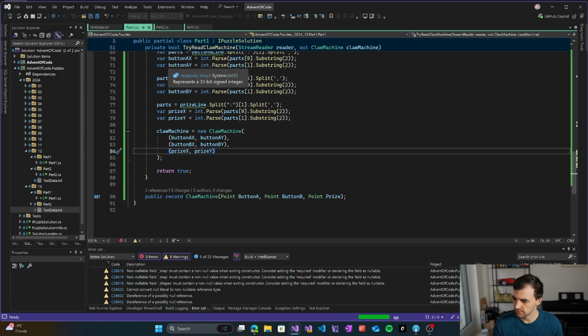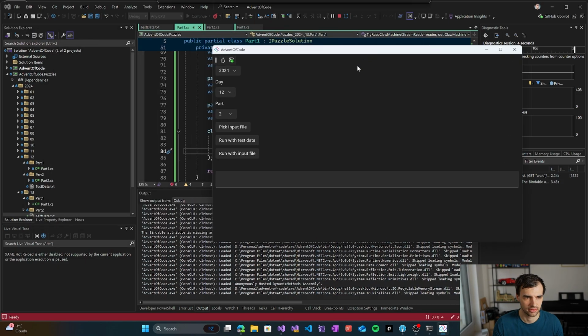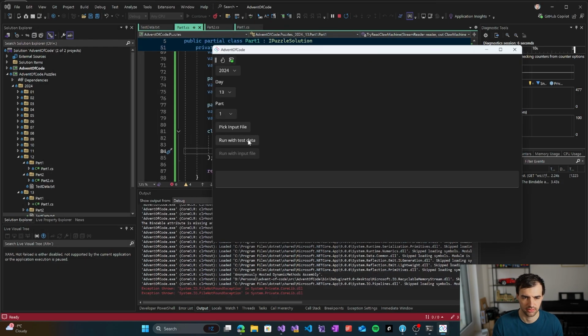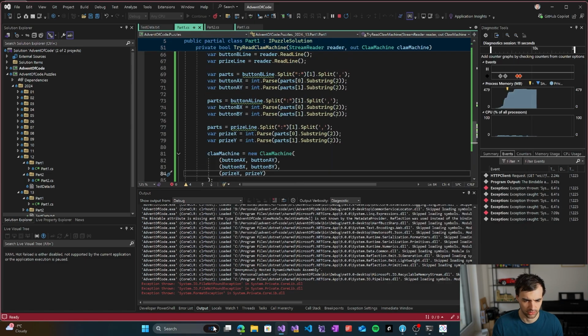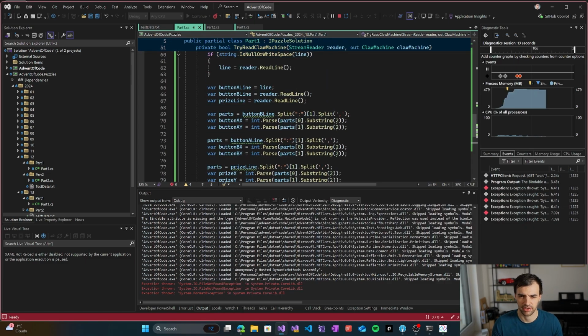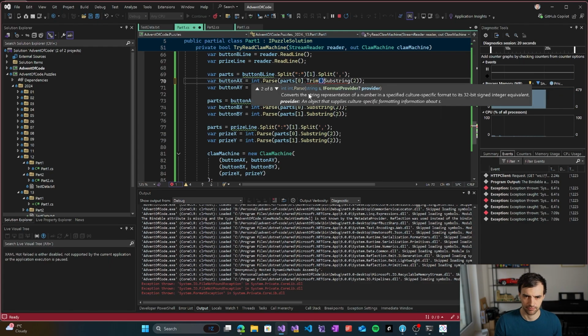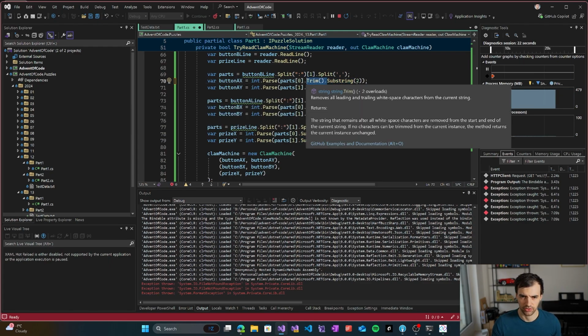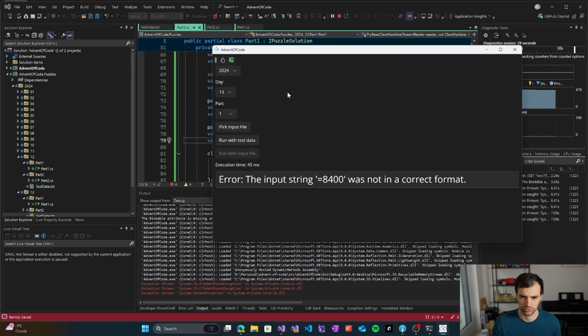So let's see what happens. Right. Oh, right. We have to make sure that we trim these as well. So trim, otherwise it wouldn't work. And that should be better.